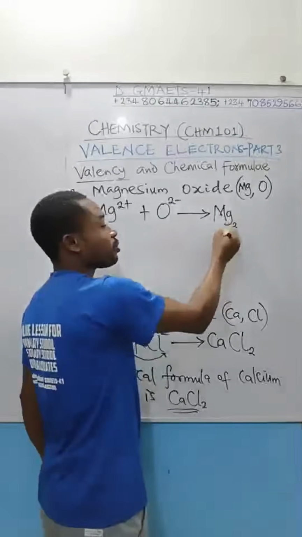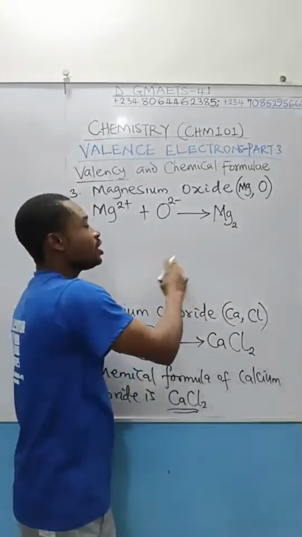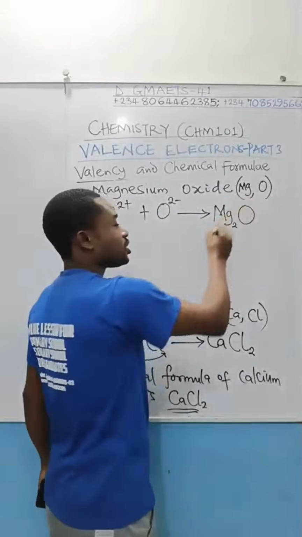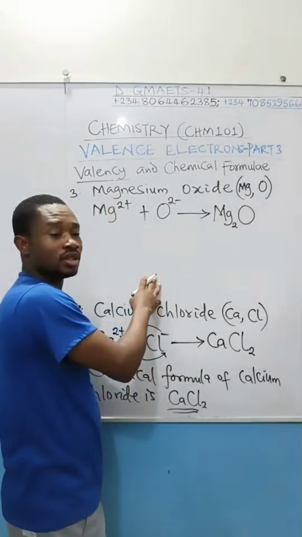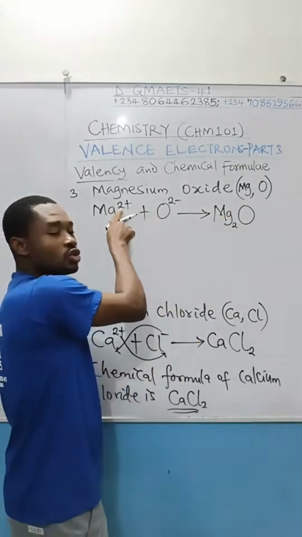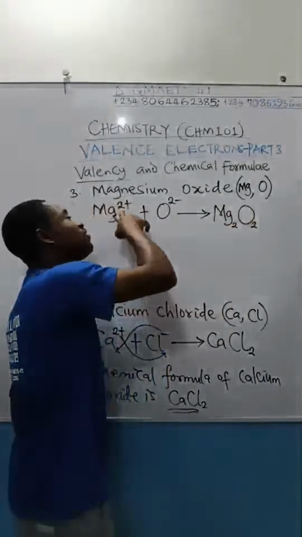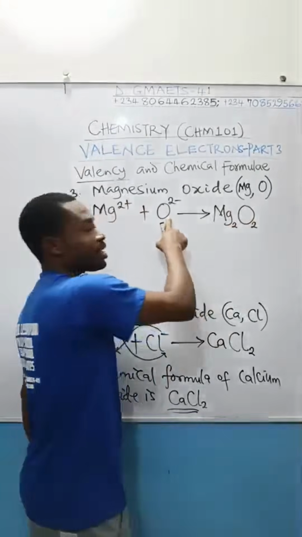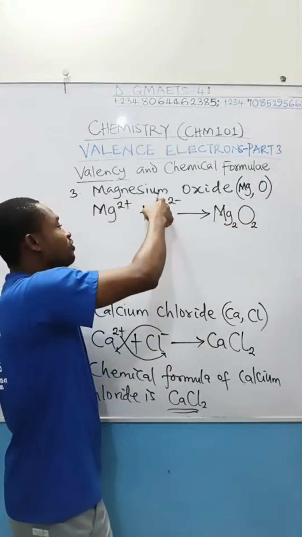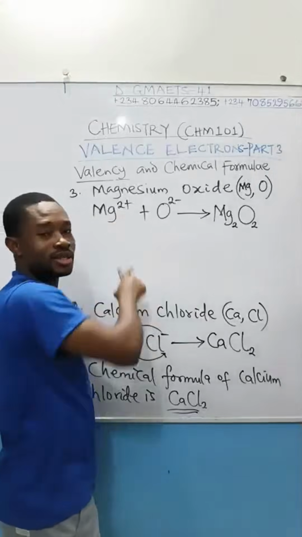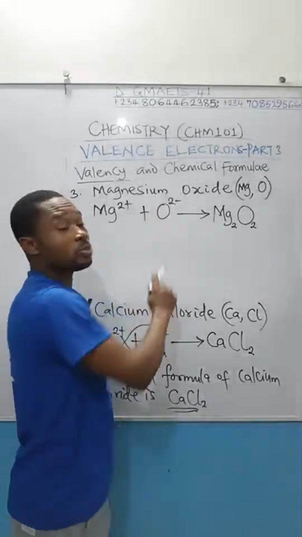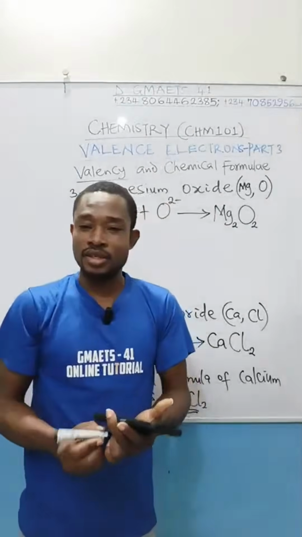Then you write the second element, the non-metal, the negative element. This oxygen will receive the valency of magnesium as its atomicity, while magnesium will receive the valency of oxygen as its atomicity.